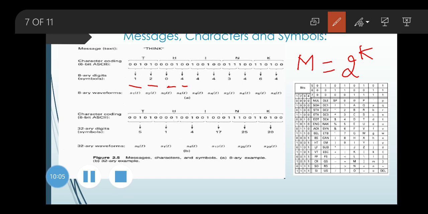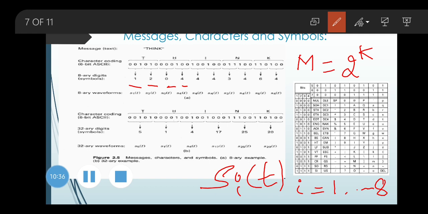Then I have to give a name for those groups, and that name is 8-array waveforms. Those 8-array waveforms are usually represented as Si(t), where the value of i begins from 1 and goes up to 8 for our example of an 8-array waveform.